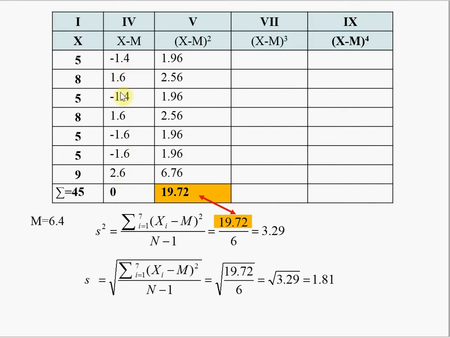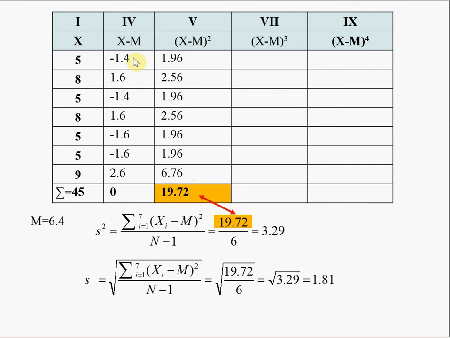That's exactly why we do not use deviations. We use squared deviations to calculate the measures that give us a sense of dispersion in the data set.